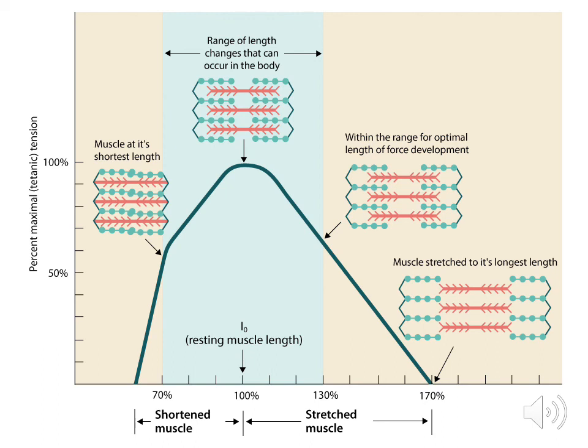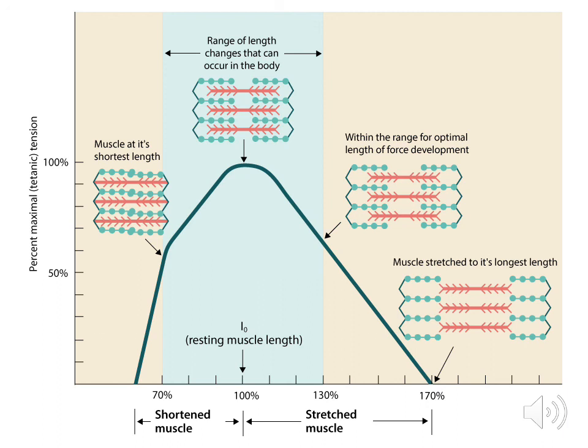We can see the zone in the middle, shaded in green, being the strongest aspects. And when a muscle is stretched out further than that, it is incapable of generating as much force. But also when a muscle is shortened even further than this optimal range, it's also unable to create force. And this is really dictated by the number of cross bridges that can be formed at any given time.